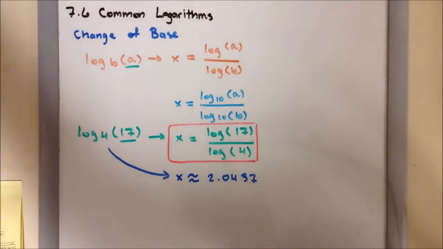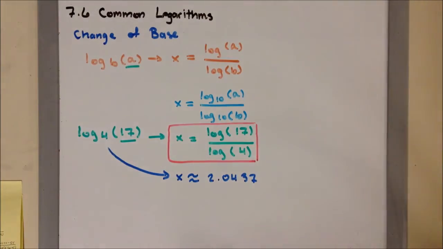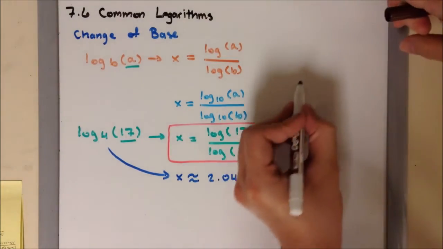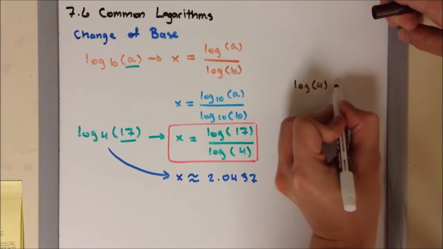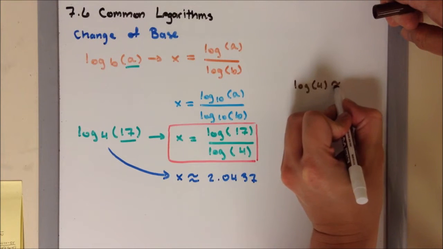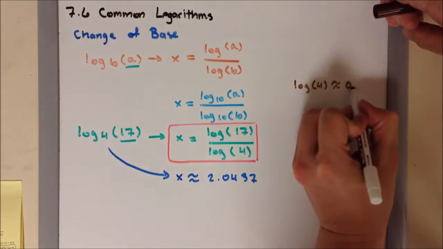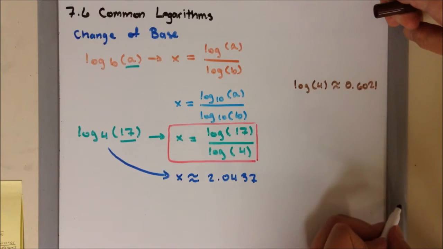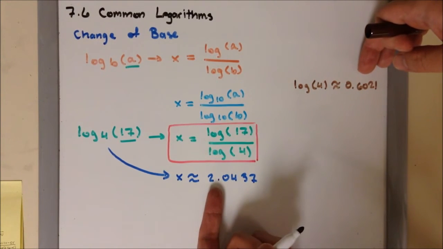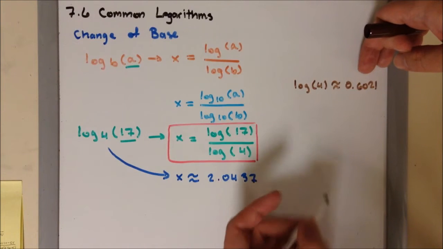And here's what happens when you try to work it out. Say you're trying to work out log of 4. Well, it's approximately 0.6021. That is not the same as the true answer, which is 2.0437.